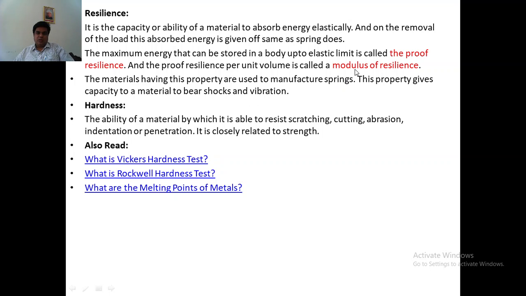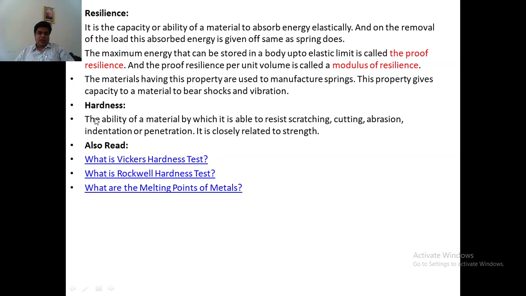And we have modulus of resilience, which is the ratio of proof resilience over the volume of that material. These are some of the terms related to the properties. So resilience is how much energy is absorbed by the material. When you apply force or load, that is nothing but energy itself. How much load or force it can absorb is called resilience.